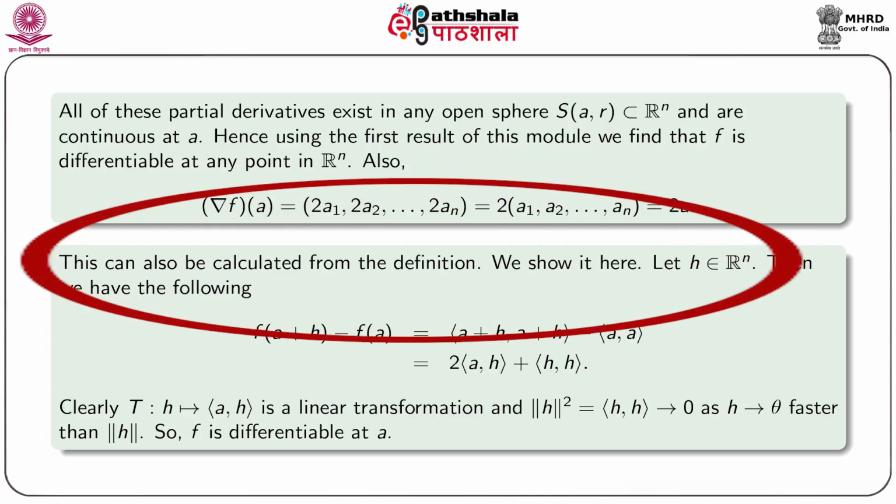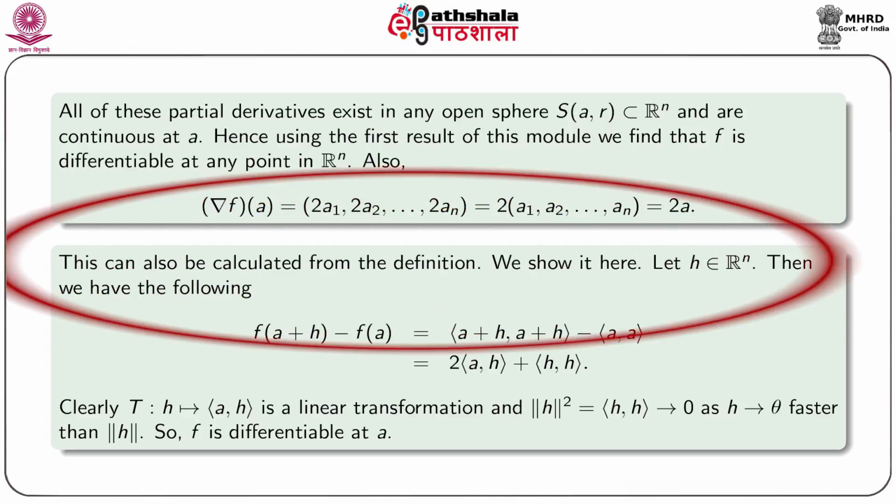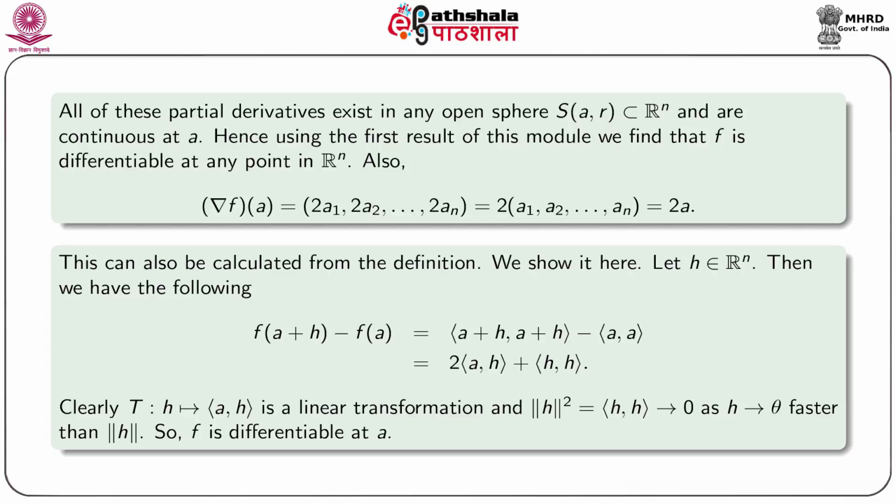Now, this result can also be calculated if we start from the very definition. We show it here also. We take any h in R n, then obviously at the point a plus h, f is well defined. We find that f of a plus h minus f a equal to inner product a plus h, a plus h minus inner product a, a.